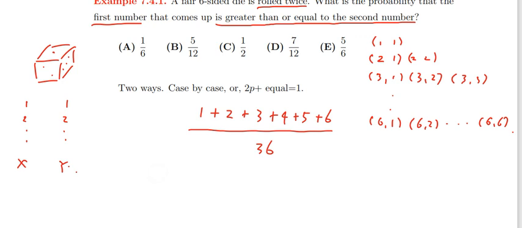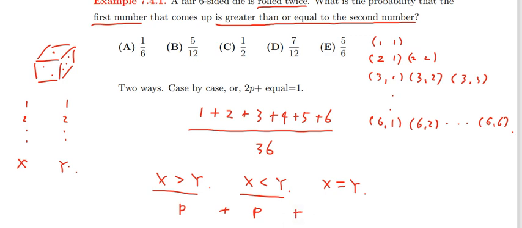So we have these 3 cases: x larger than y, or x less than y, or x equal to y. Suppose the probability of x larger than y is p, then y larger than x is also p, because this is symmetric.